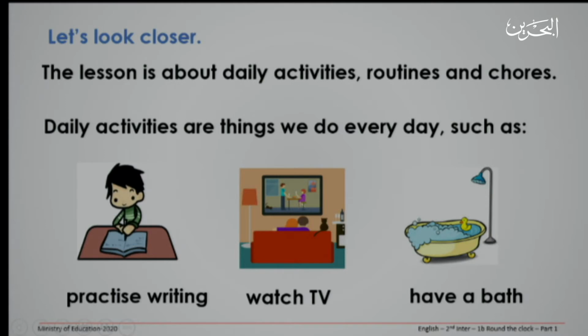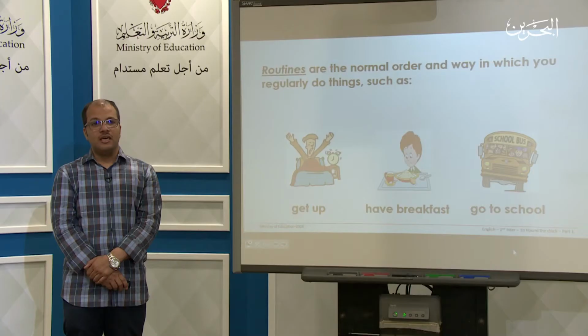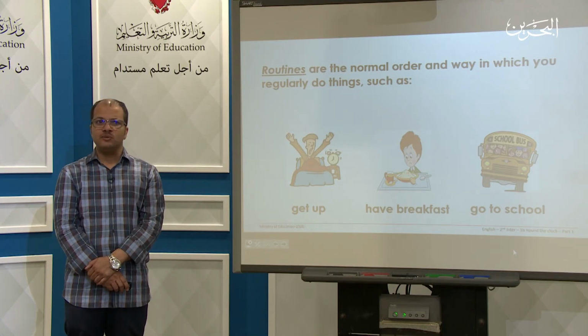What is the difference between all these terms? Daily activities are things we do every day, such as practice writing, watch TV, and have a bath. While routines are the normal order and way in which you regularly do things, such as get up, have breakfast, and go to school.